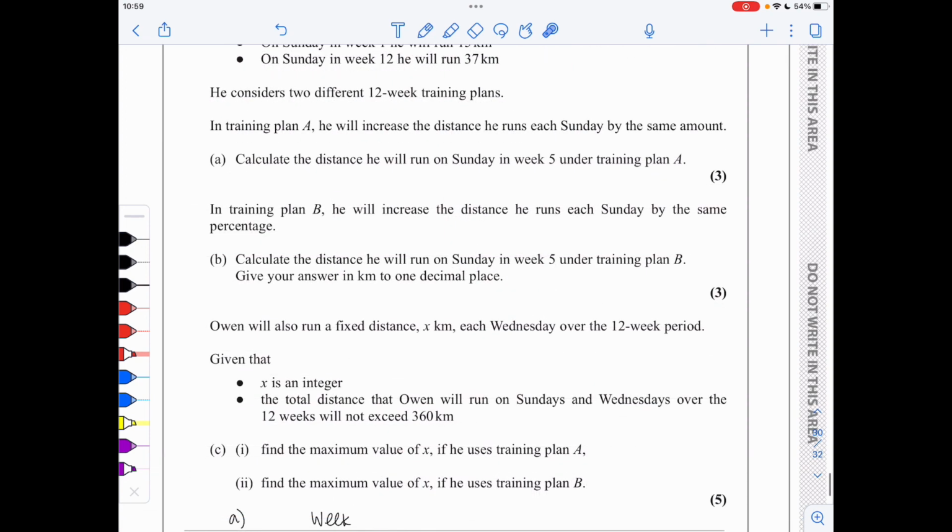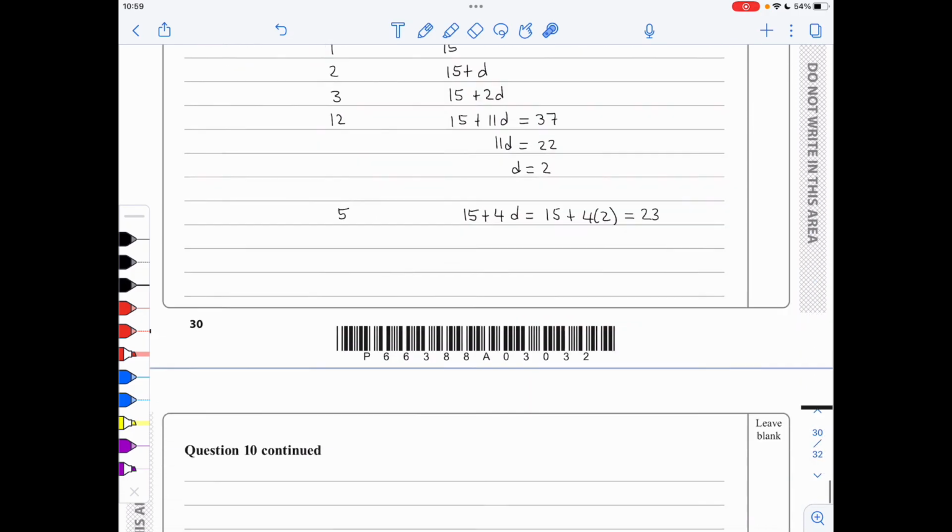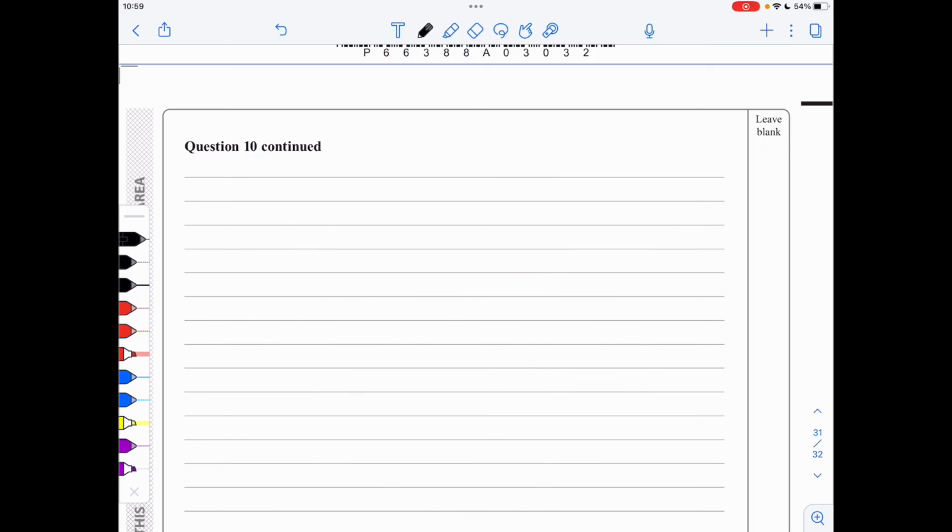And then in part B, we've got a different training plan whereby we keep increasing the distance by the same percentage. So this is a geometric sequence now. So I will follow a kind of similar approach. Again, in week 1, they've covered the distance of 15 kilometers. Week 2, it's 15R.